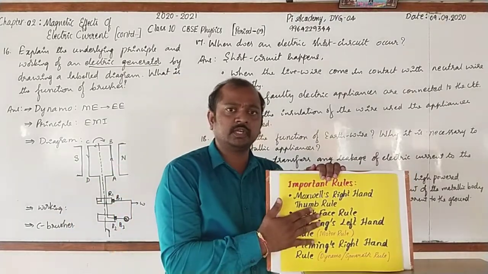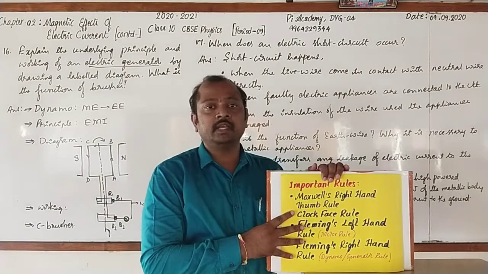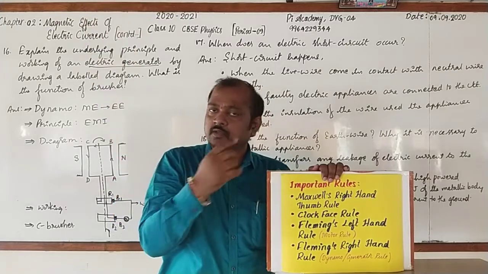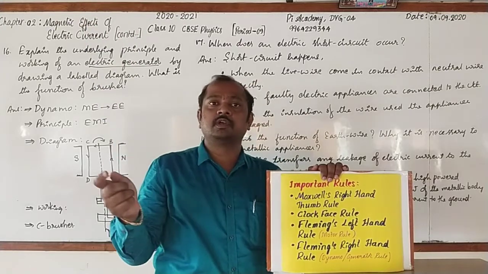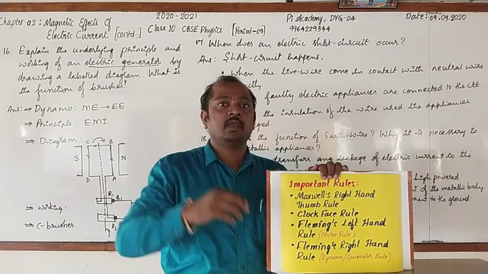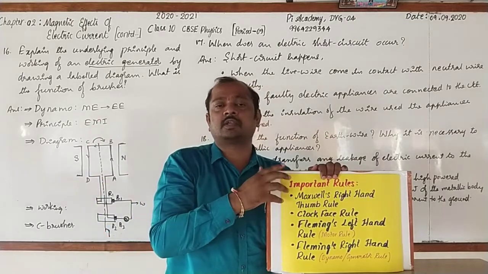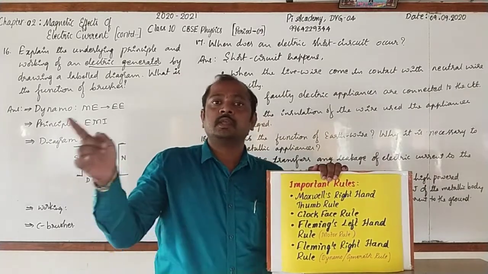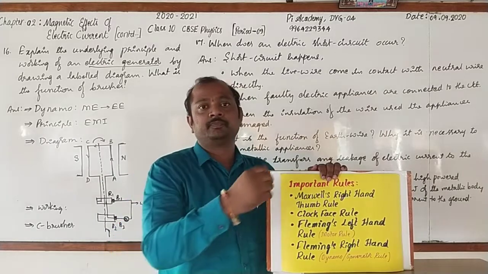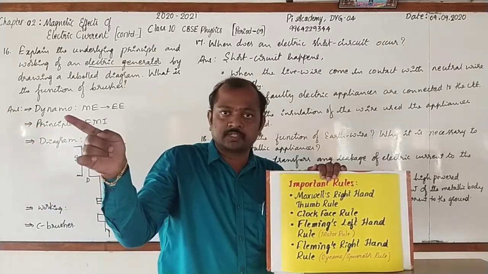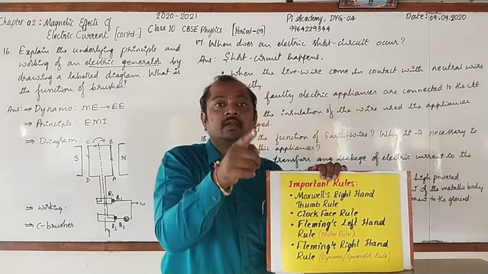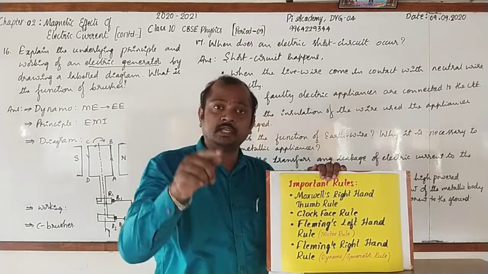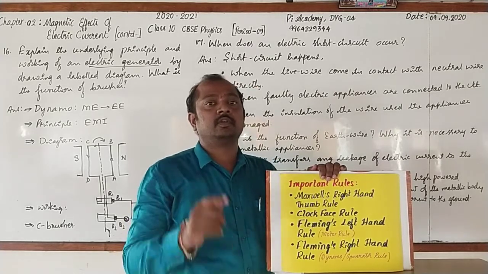Next, the clock face rule. We know that this is the rule used for identifying the poles of a circular magnet. We have already learned the pattern of lines of force around a circular conductor carrying current. When the current flows through the circular conductor, it acts as a magnet. It has two poles, north and south. You have to imagine that the face of the coil in which the current is flowing in the clockwise direction acts as south pole.